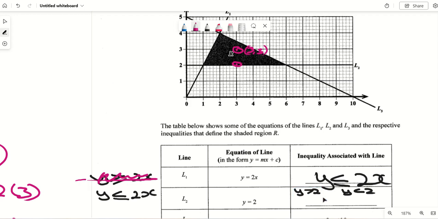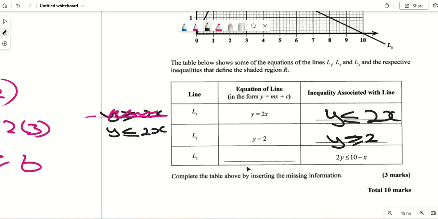Is 3 more than 2 or is 3 less than 2? 3 is more than 2, so we will not be using this inequality, y is less than 2. So the inequality that we will be using is y is more than or equal to 2.